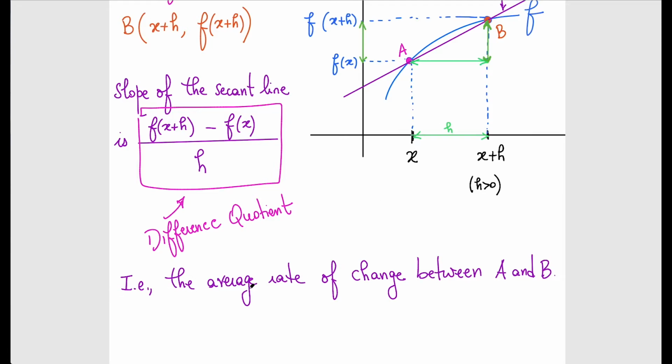This is what the average rate of change between the 2 points means. Okay. All right. So this is very useful. You're gonna see this a lot, especially at the beginning of calculus.